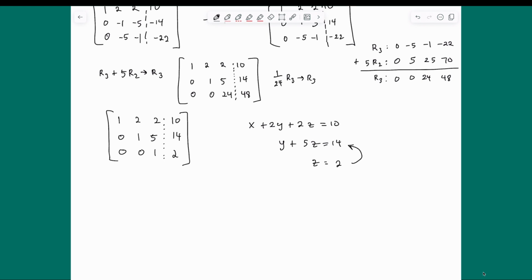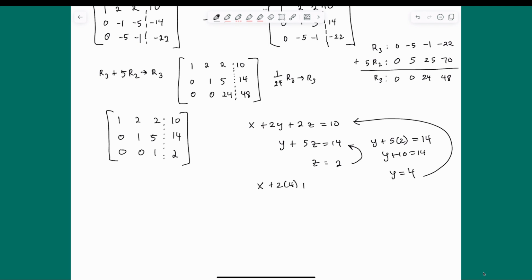All right, substituting back, we have y plus 5 times 2 equals 14. So y plus 10 equals 14, which tells us y equals 4. Now plugging both z equal to 2 and y equal to 4 back into the first equation, we have x plus 2 times 4 plus 2 times 2 equals 10.